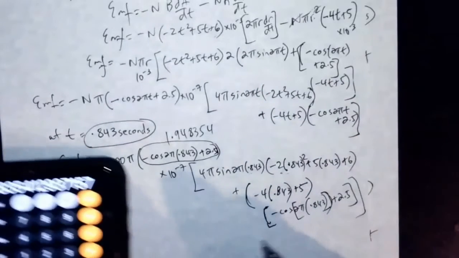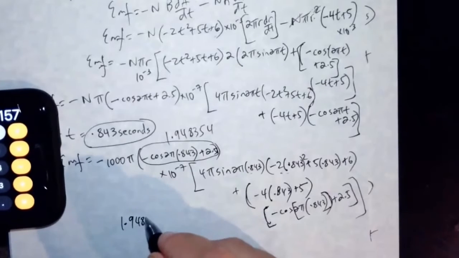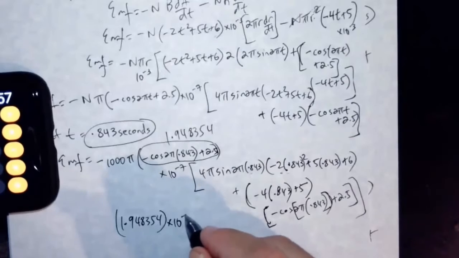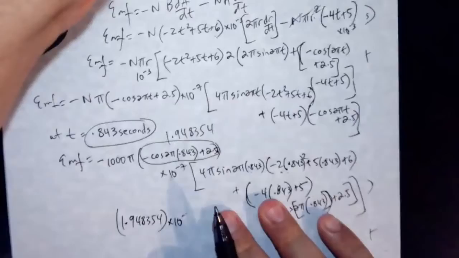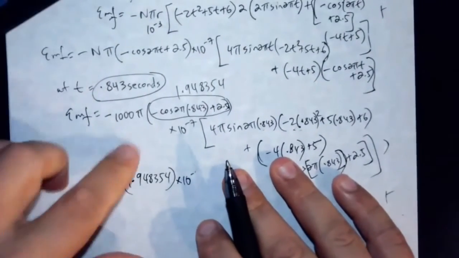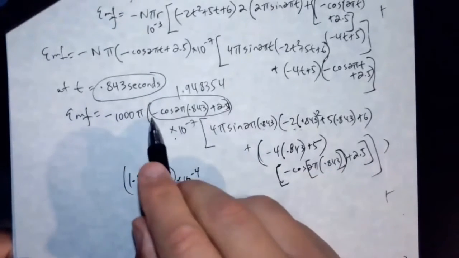So 1.94834 times 10 to the minus, well, then you have the 1,000, which is going to make that 10 to the minus 4. So then you get pi.